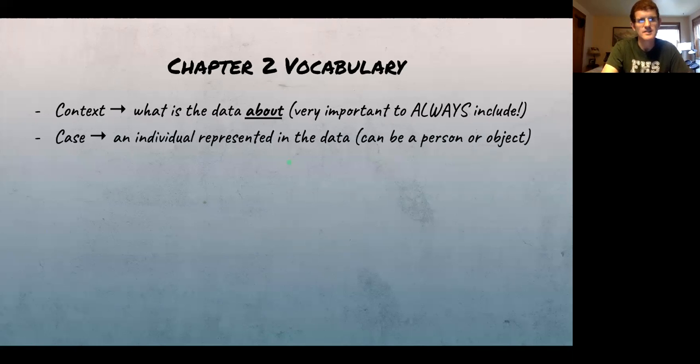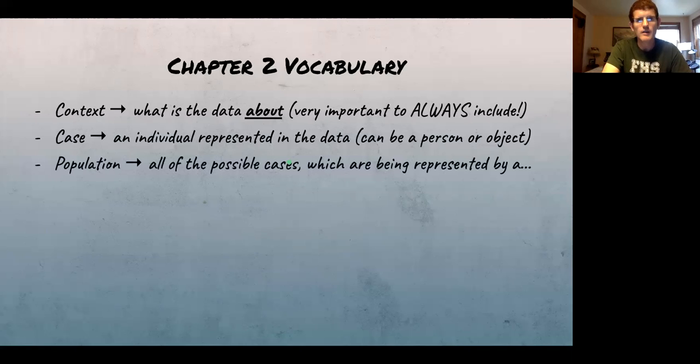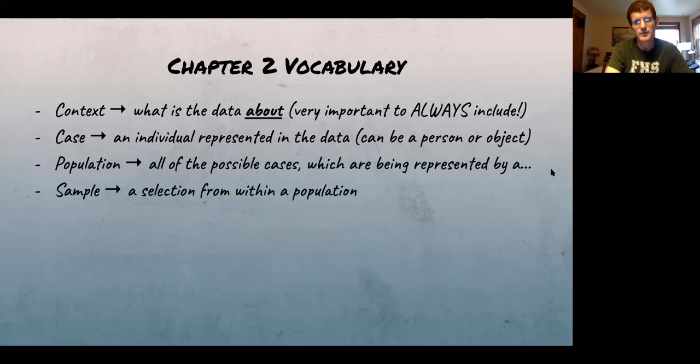A case is an individual in the data, and it can be a person or an object. The population would be all of the possible cases. A sample is a selection from within the population.